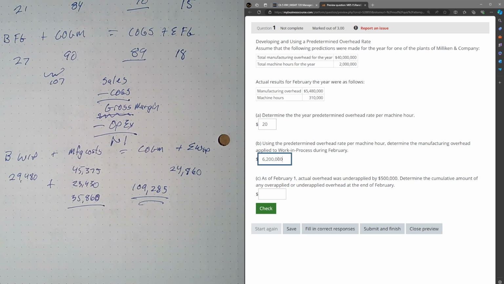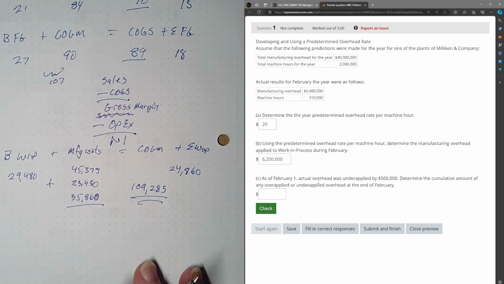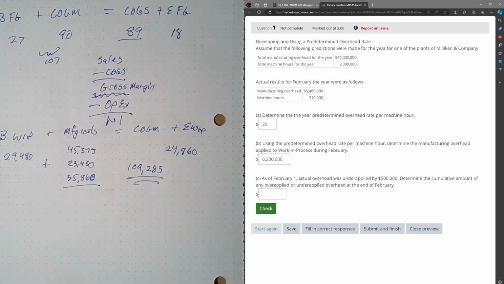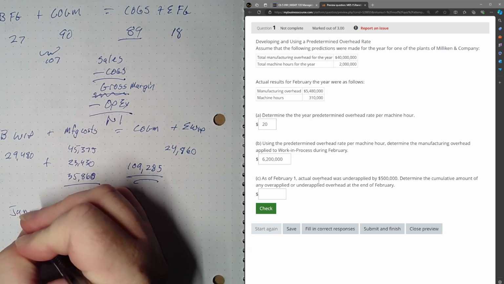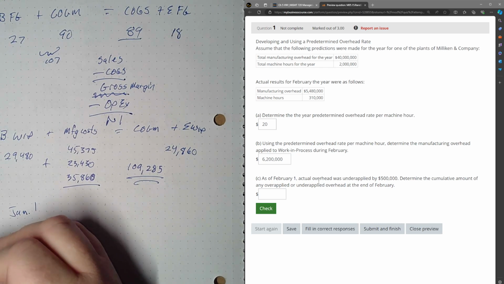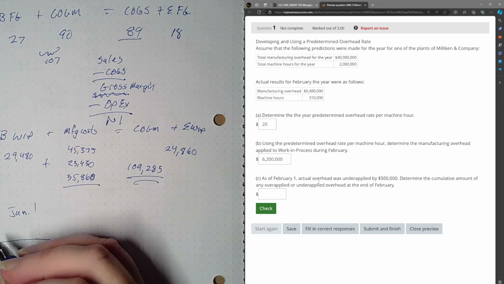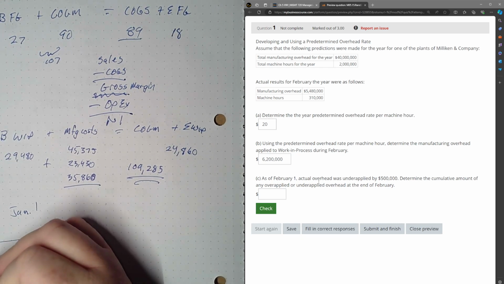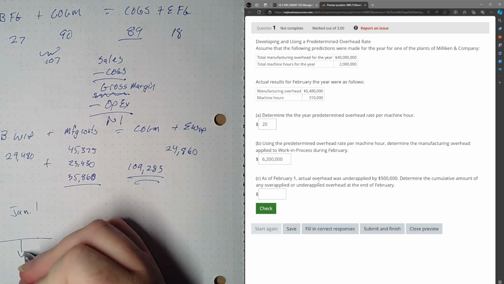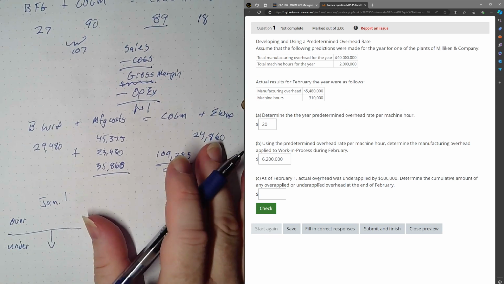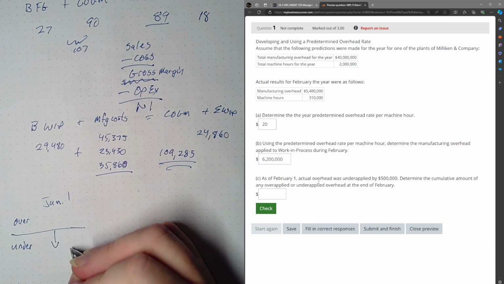6.2 million, right? And then it says determine, okay, so they got kind of a little wonky thing here. As of February 1, actual overhead was underapplied by 500,000, determining the cumulative amount of any over or under applied. So first of all, they're saying January 1, whatever the calculation was, this is complete. We could say this is over and this is under applied. So what they're saying is in January, the underapplied was 500,000.